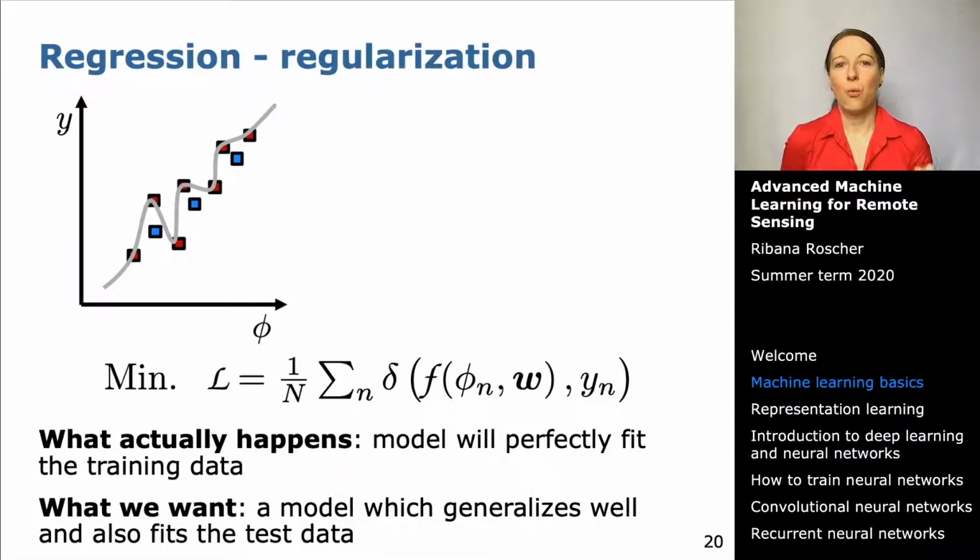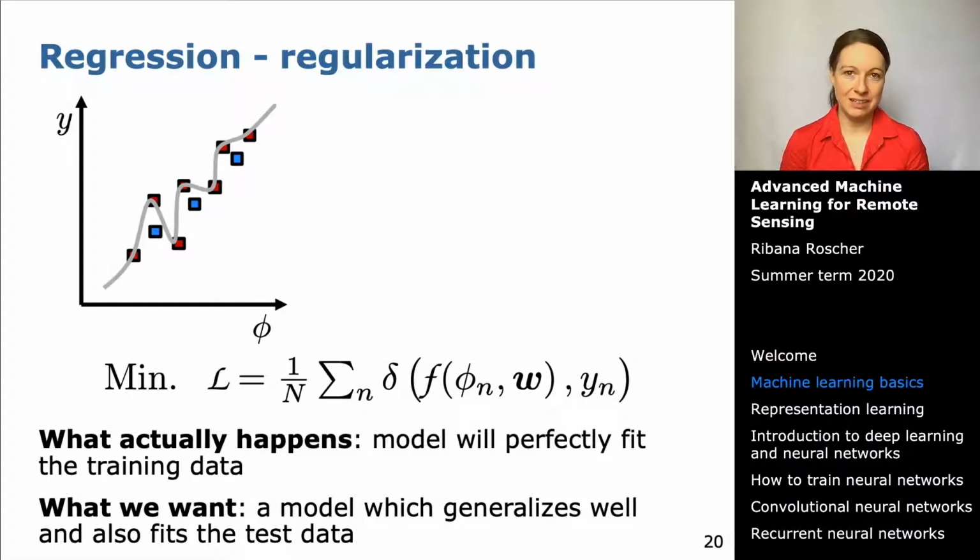So let's have a look why overfitting is actually happening. When you look at your loss function, you will see that you want your model to exactly predict the training data. So you want the estimations from F to be as close as possible to your reference data. But this is not what you want to have in practice.